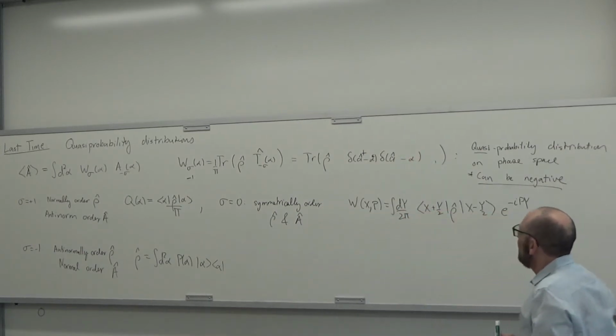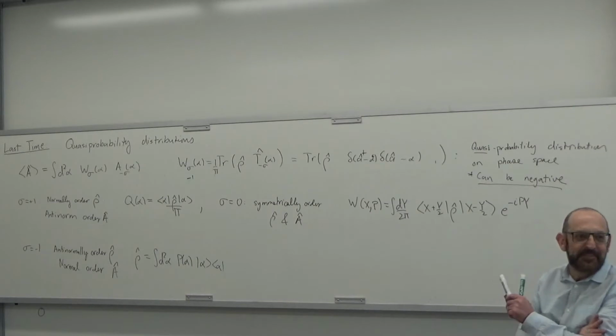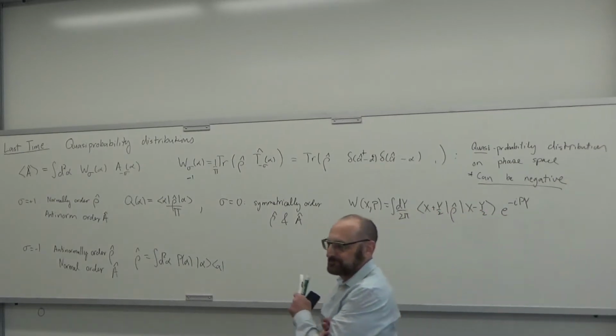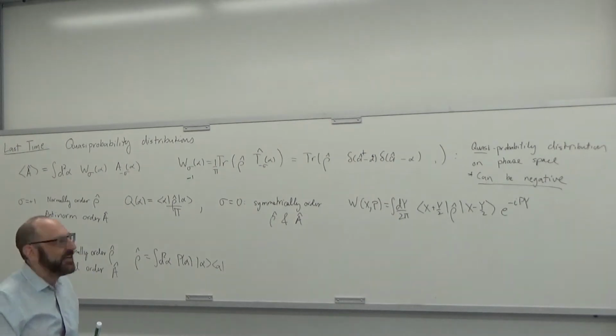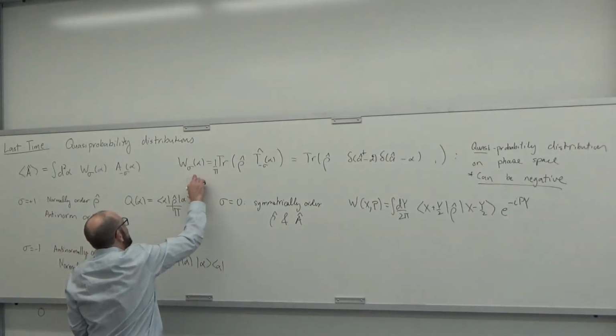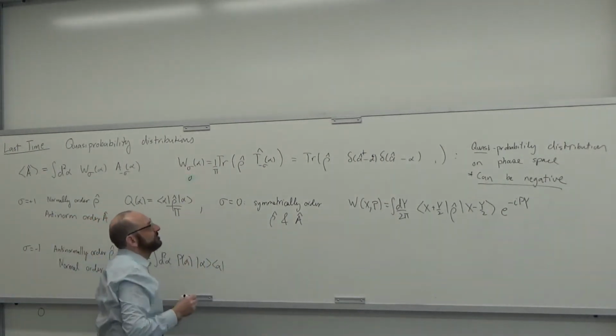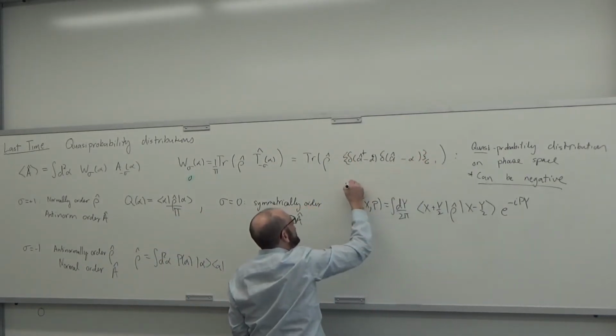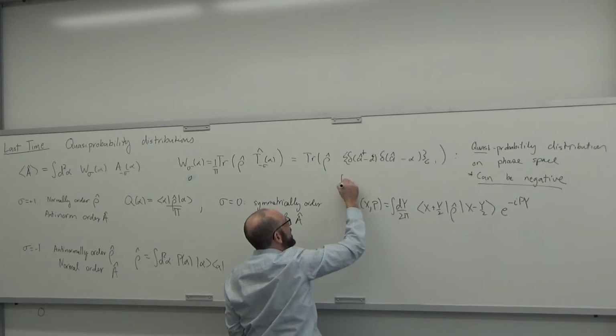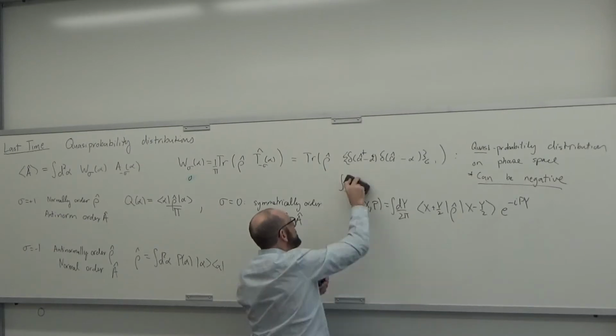And if it's 0, what is it? Well, then we don't have an easy way to write it down. But for the case where sigma is 0, then this thing, the symmetrically ordered guy, is the Fourier transform of the displacement operator.